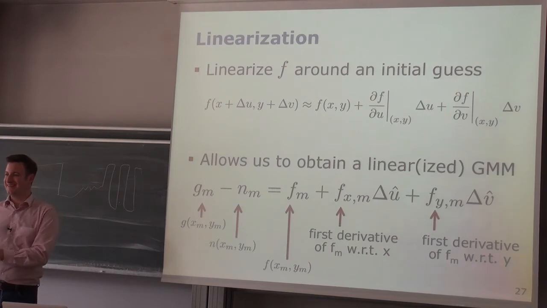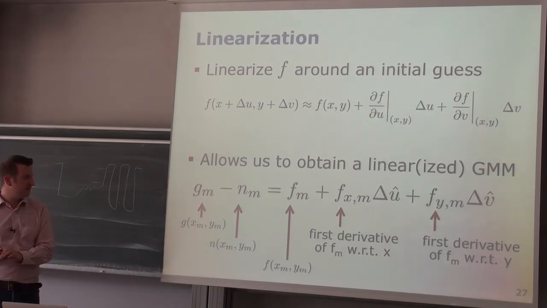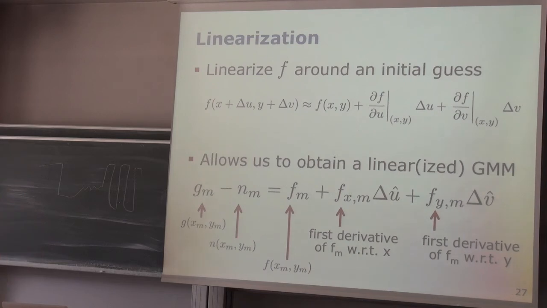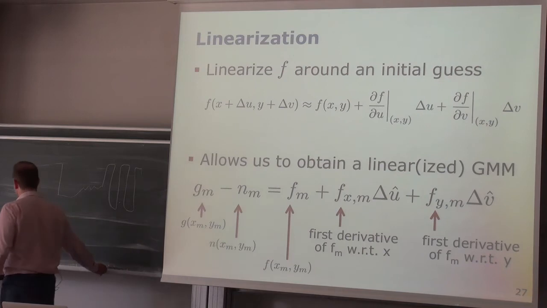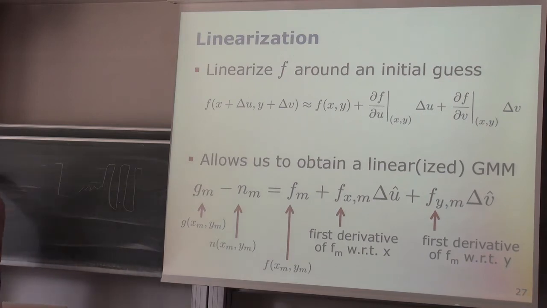I was just wondering, because it's xn and epsilon, isn't it only diagonal? No, so m is the index for, okay, that's a good point. M is the index for our individual pixels. So I have m pixels. M goes from 1 to m, and these are typically those pixels.